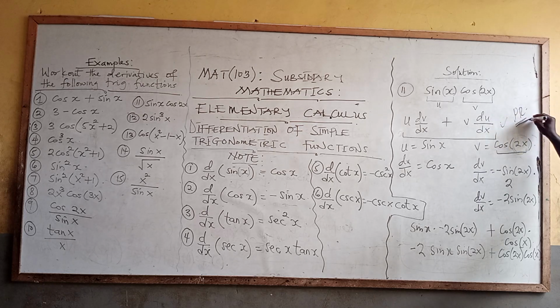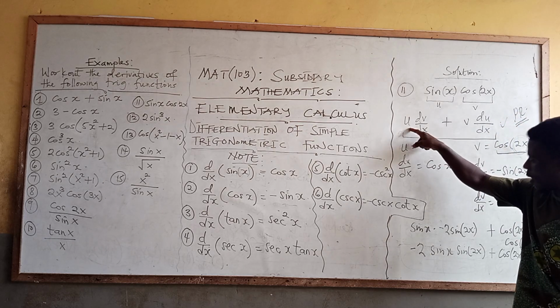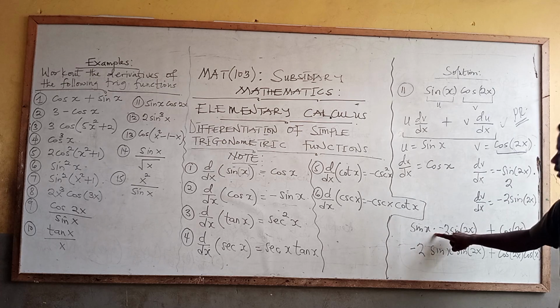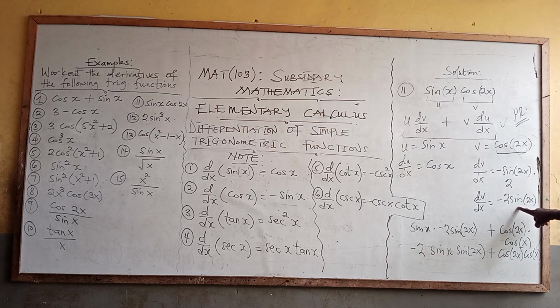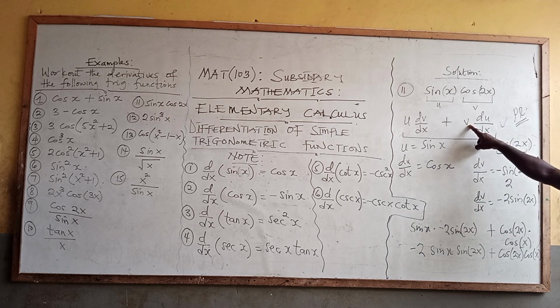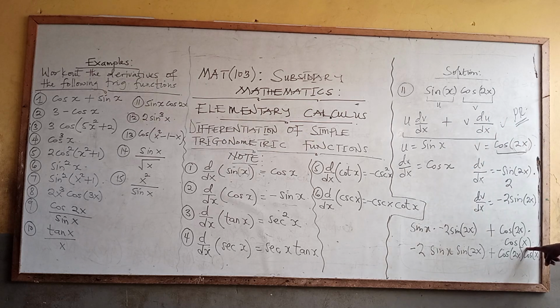So our u is sine x times our dv is negative 2 sine 2x, plus our v is cos 2x times our derivative of u with respect to x, cos x. We multiply, we get negative 2 sine x sine 2x plus cos 2x cos x.